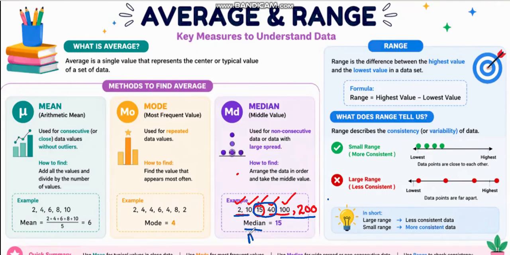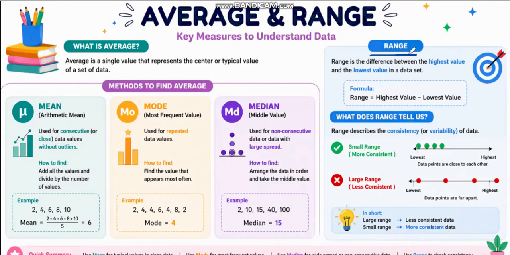We add these 2 middle values and divide by 2. So 55 divided by 2 is definitely 27.5.